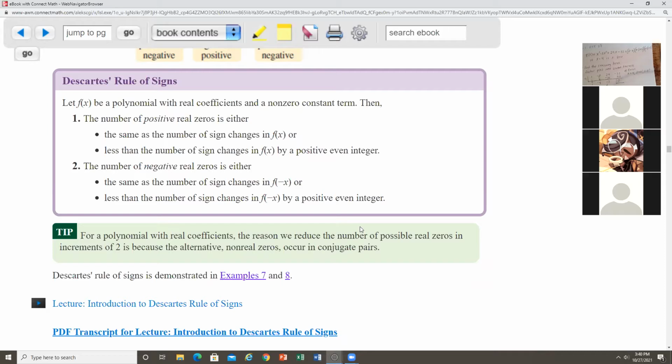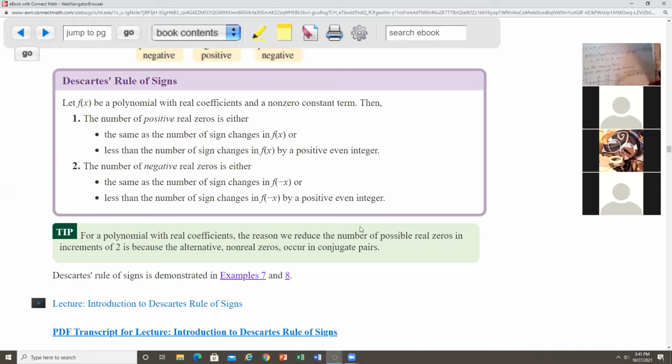So what this theorem is guaranteeing, ladies and gentlemen, is it's basically enabling us to determine how many positive real or negative real zeros a polynomial function has based on this concept of sign changes. Right now, this theorem is about as clear as mud in your minds, but I'm going to show you an example that'll breathe life into this theorem and bring it back from the dead, ladies and gentlemen.